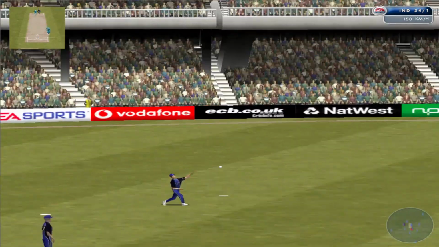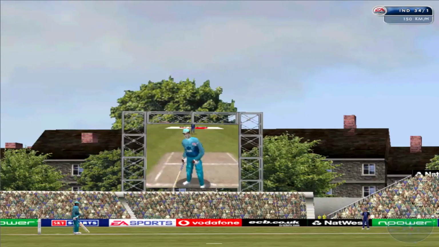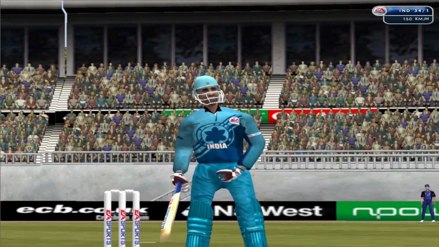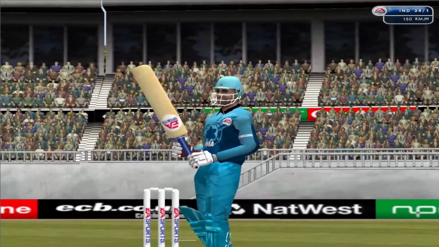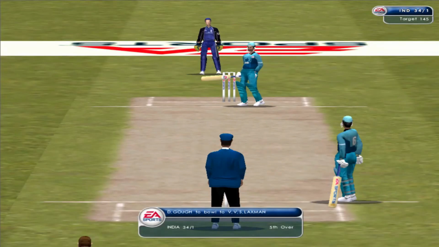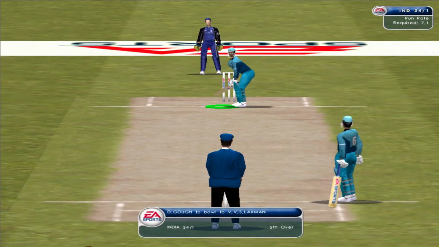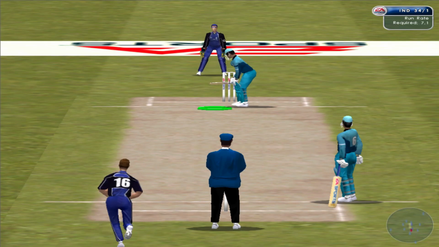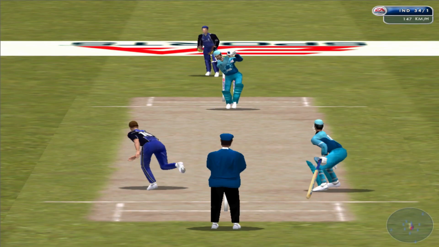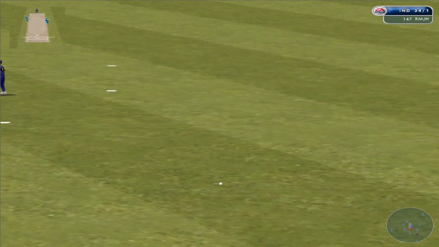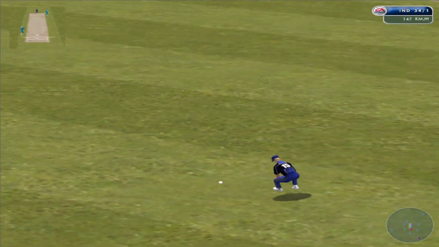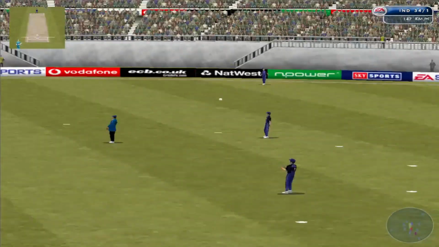It's straight at Trescothick. Goff is back in the attack. Didn't quite get hold of that one properly. Flintoff out at long on.